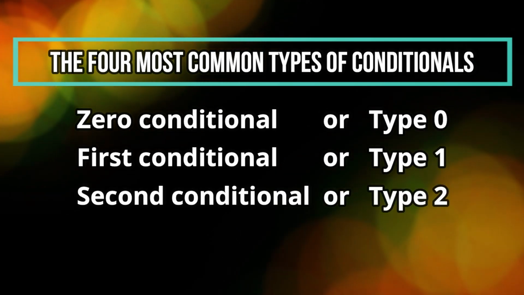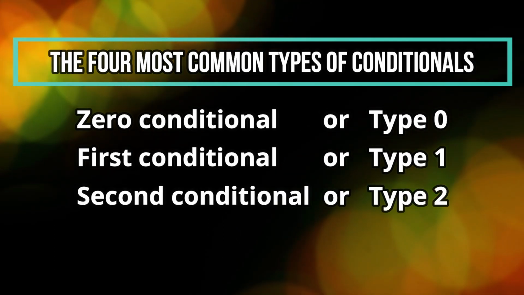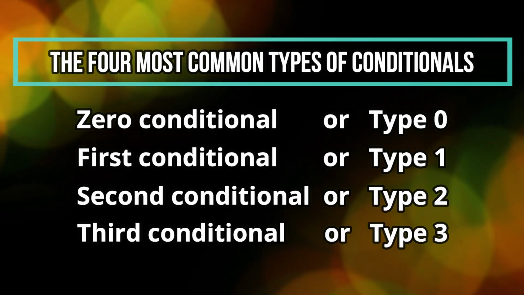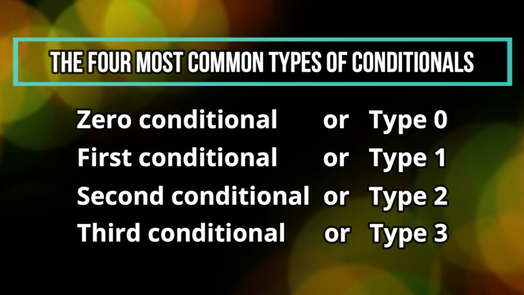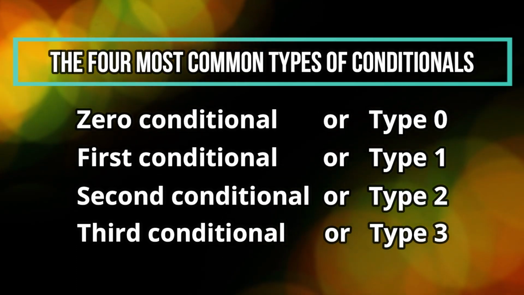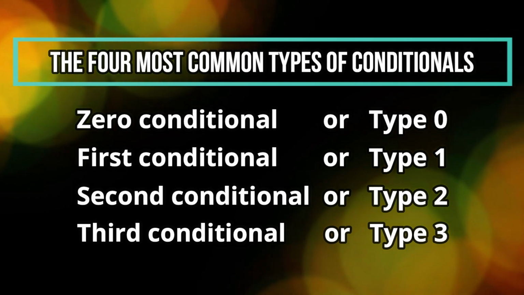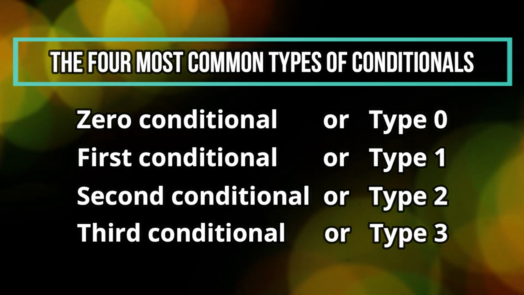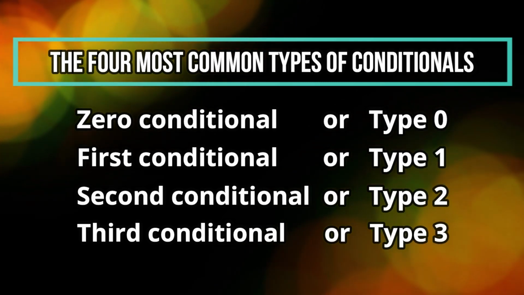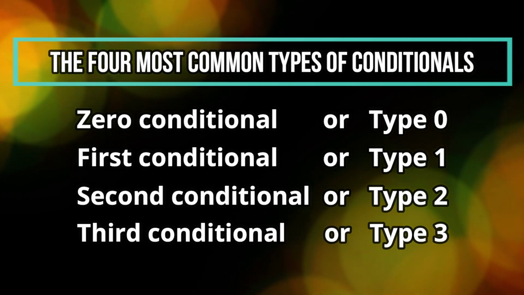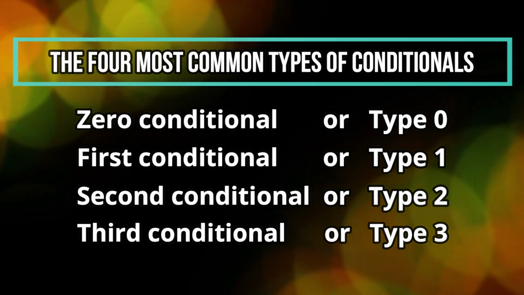The second conditional, or type 2, and the third conditional, or type 3. I spoke a little bit about these conditionals in my video on will and would with modals, so you can go back there and take a look if you need more information or if you're a little bit unsure, but I think you'll be able to understand everything when you get through with this video.